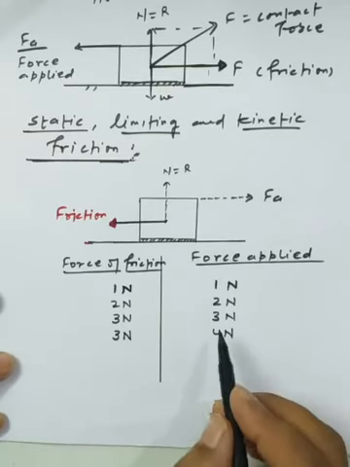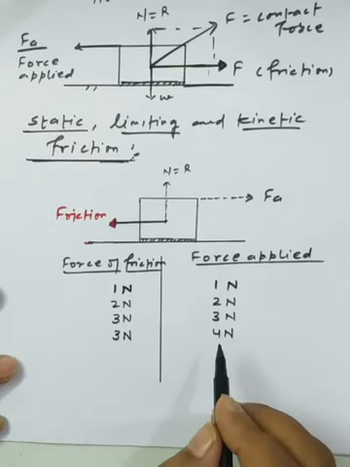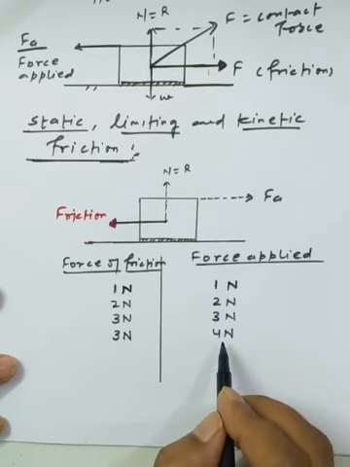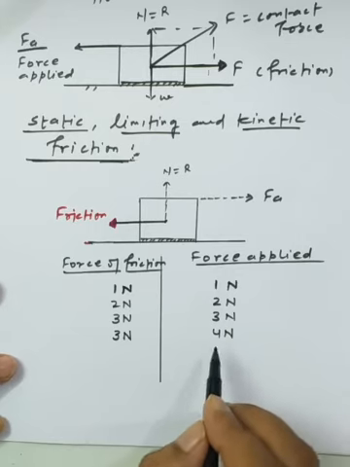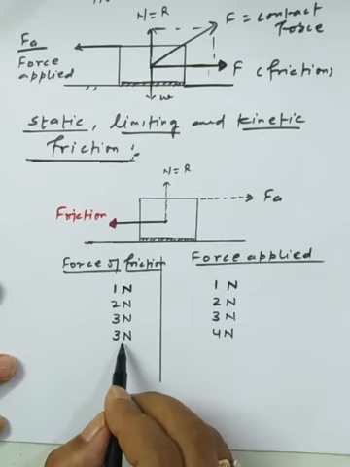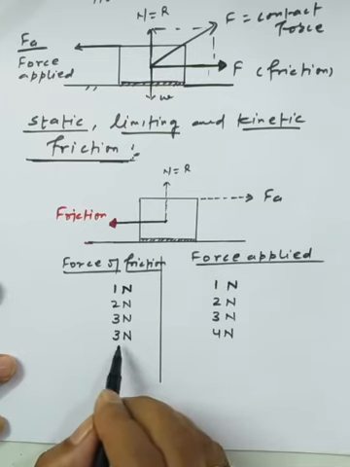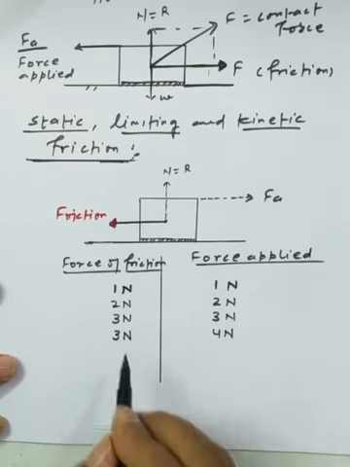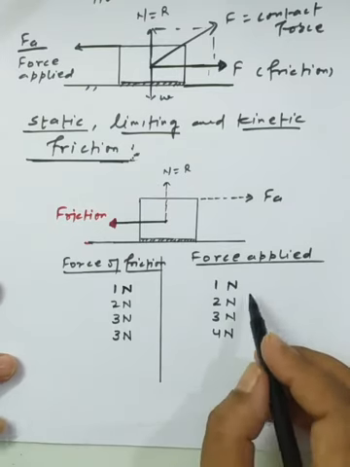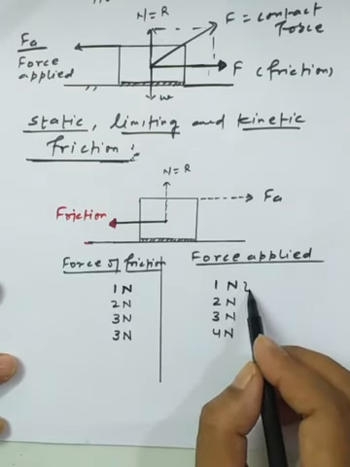So in this case, as we increase the magnitude of the applied force, it slightly increases the magnitude of the force of friction. So here we can say that we have discussed the two limits of the force of friction.